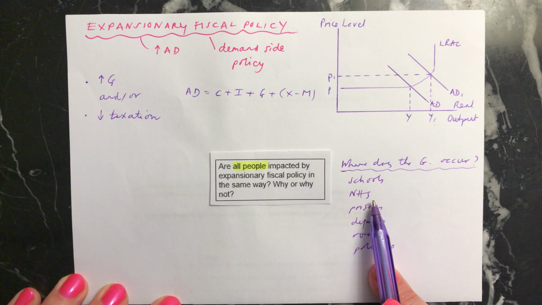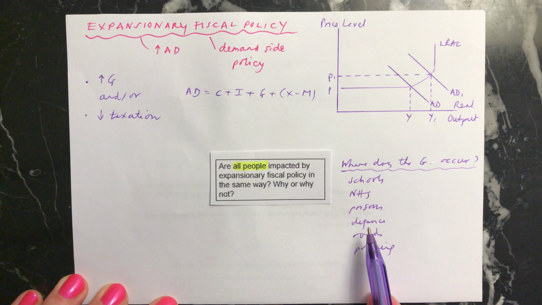If you don't use the NHS very much, then it wouldn't benefit you particularly. If you don't drive a car or don't travel very much in the country, then you may not be as impacted by the roads being improved. So this would just be the area that the government are spending their money on.